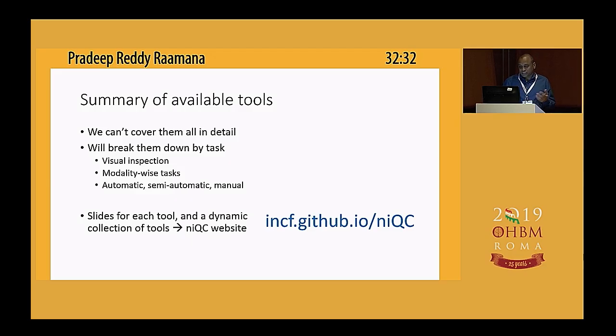I'm just trying to present summaries, hoping to make it easy for other people interested in a particular modality or application. You don't have to worry about getting the details. Most of the tools are already summarized on the website of the Neuroimaging Quality Control Special Interest Group. We hope to keep it dynamic and live as it goes through the process.